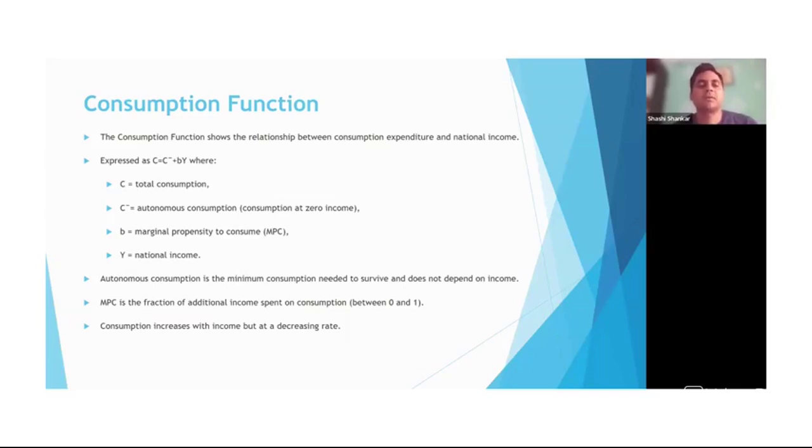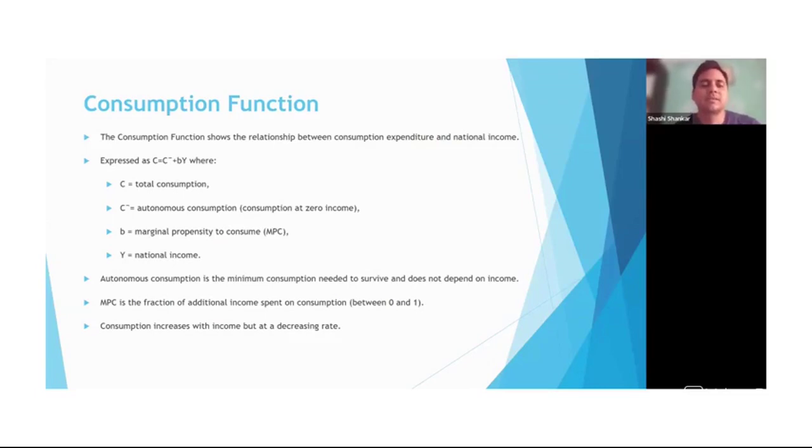In notation, C = C̄ + bY, where C is total consumption, C̄ is autonomous consumption, that means consumption at zero income, b is the marginal propensity to consume, and Y is national income.